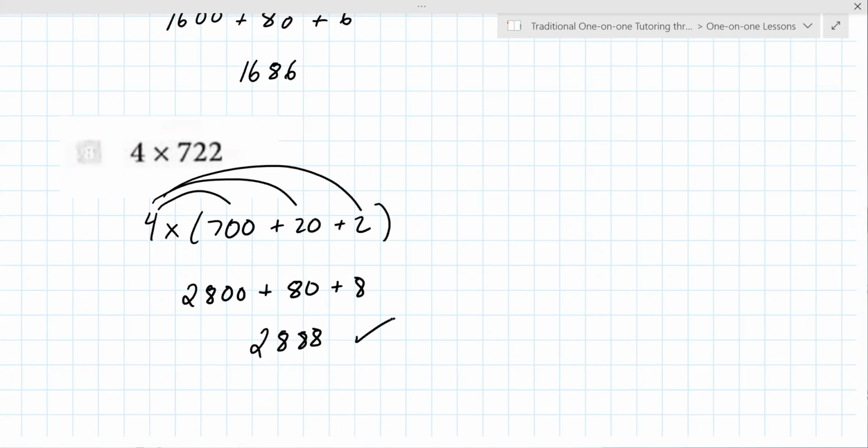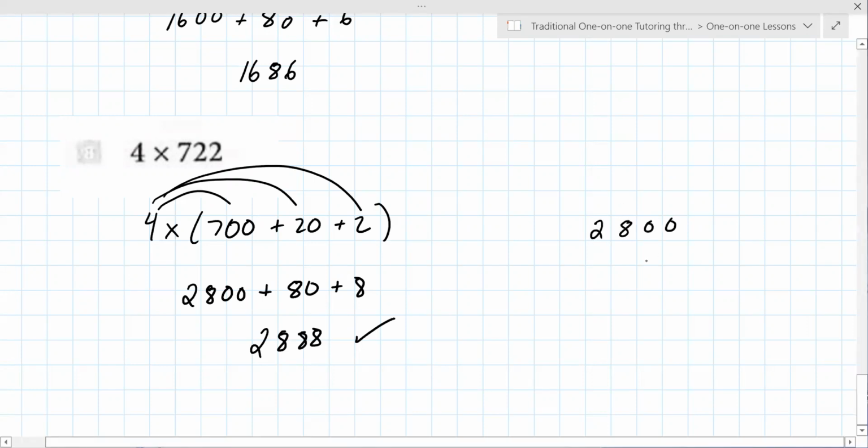I think you got to try again here. So it's 2,800 and then 80 and then 8. Oh, right, there's no carry. I thought it was a 5 times 20 instead of 4 times 20, so I did 100. Oh, okay. That will definitely change it.